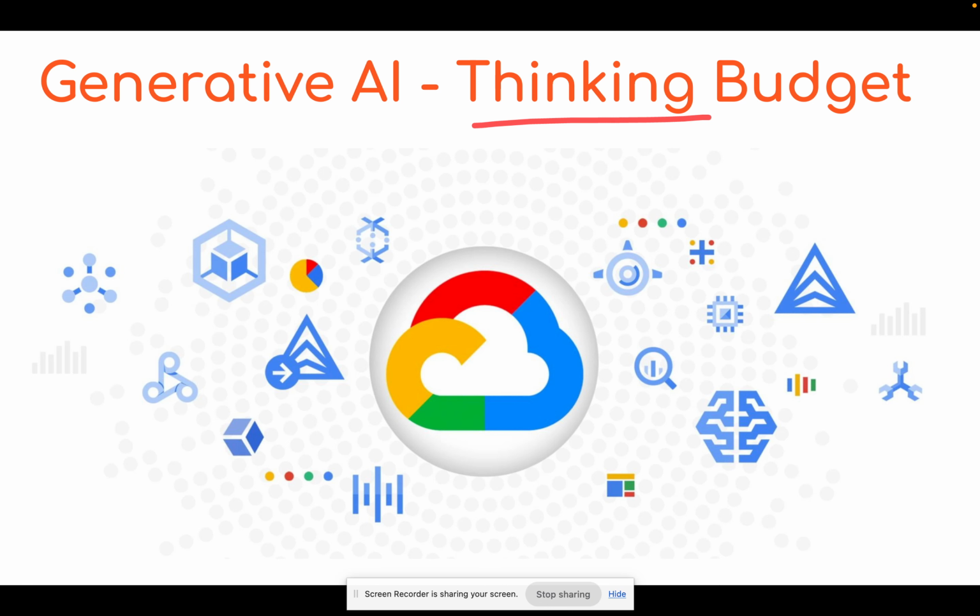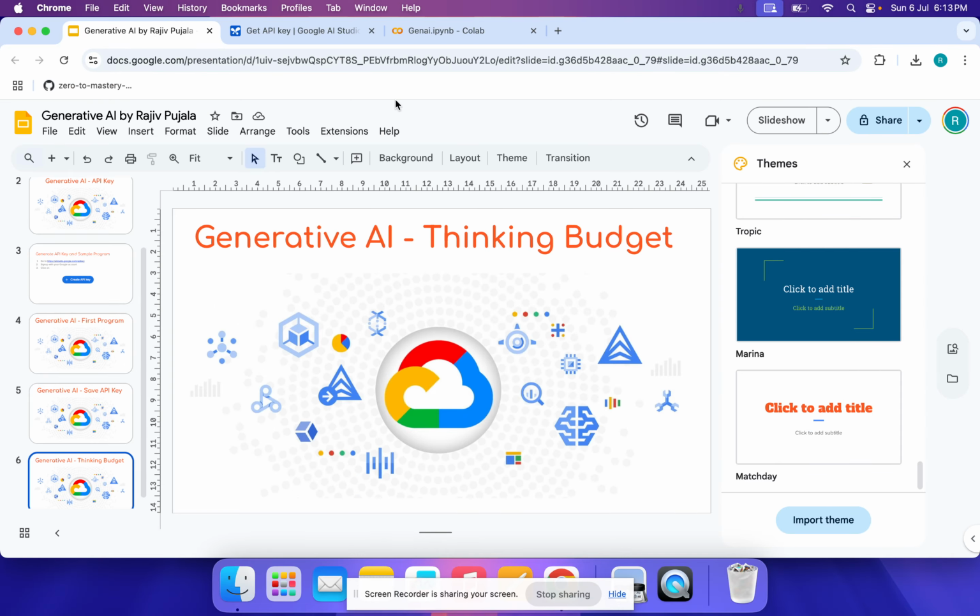For example, if you ask for help with how you can use AI in your life or career, and the thinking budget is enabled, it gives you good quality output. But if it is zero, it gives a moderate output, a generic one, I can say. Okay, let's see how we can disable this.